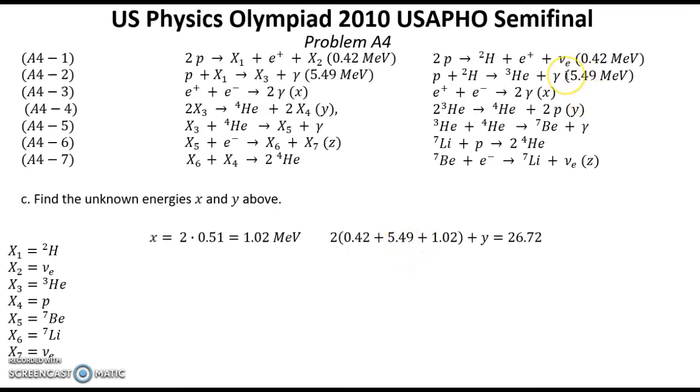5.49, that's energy for gamma ray in the second reaction, 1.02, that's energy for annihilation in the third reaction, and we need to do them twice, and we will add kinetic energy during reaction 4, and we will get the total energy counted in question B. That was 26.72.